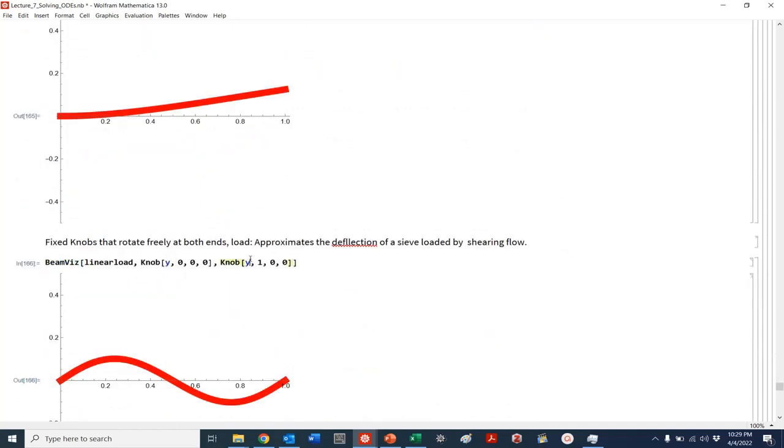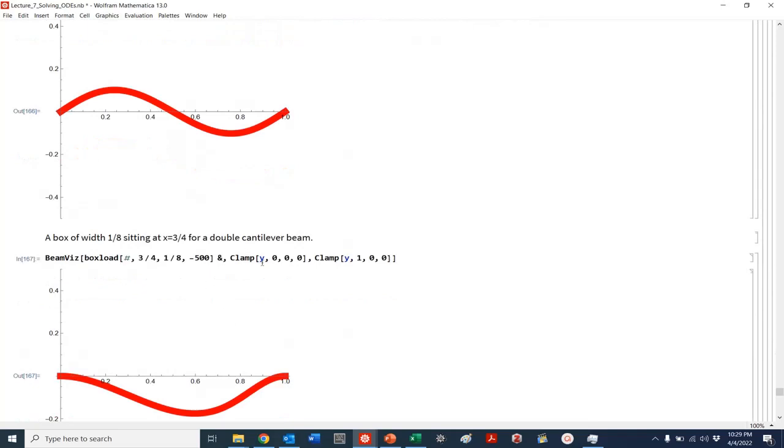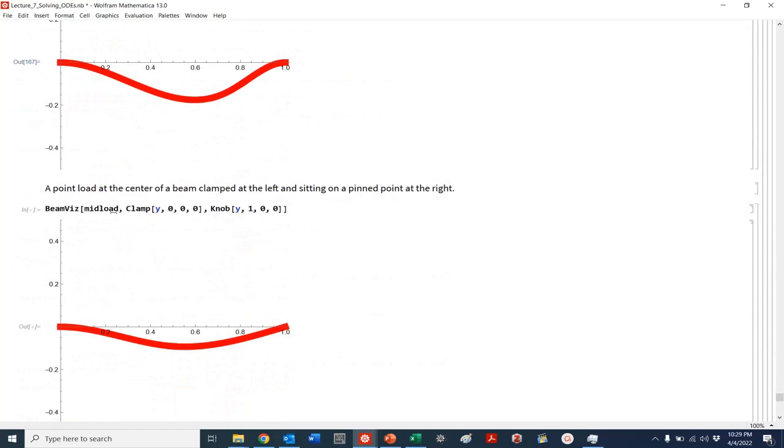Here I've got knob, knob, so I'm preventing it here. Here I've got a clamp, a clamp at 1, and then that unit load. You can see I've got mid load here, clamp, knob. Instead of knob, you could do clamp, and see how that function changes. I could do knob, knob.